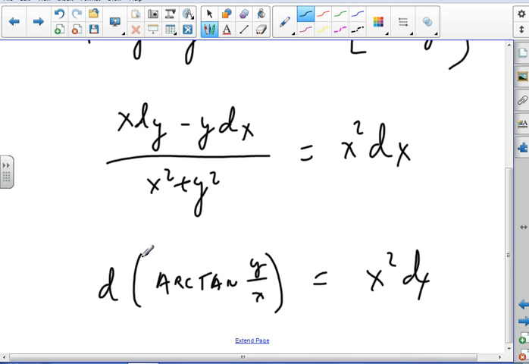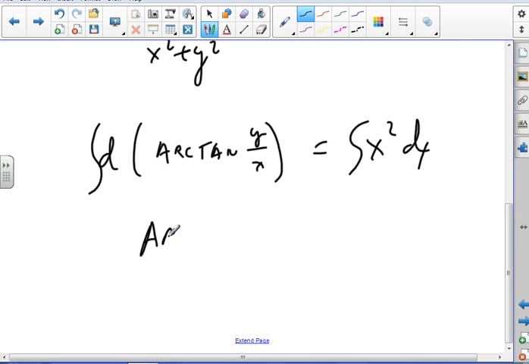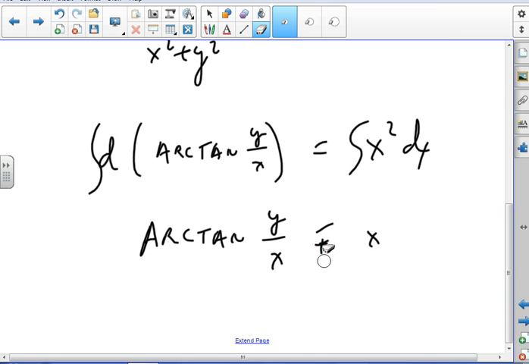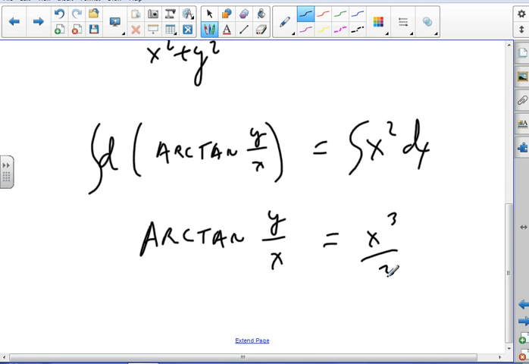Now I can solve the equation. I can integrate both sides, and I can have arctangent y over x is equal to, that's an equal sign, didn't look like it, I know, x cubed over 3 plus c.